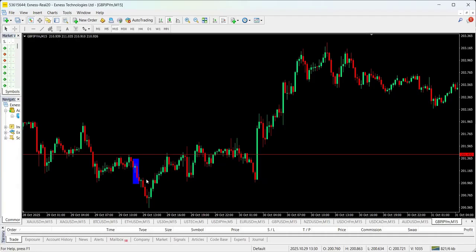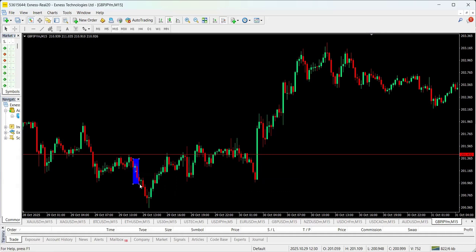So our criteria has two conditions. One, there is a change of character here, which occurred at this level, okay, when this level was broken. And number two, there is an overpowering here. These sellers that had this strong force here have been overpowered, all right, when the market broke above this engulfing.